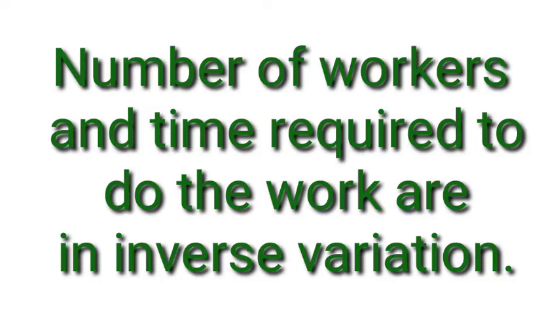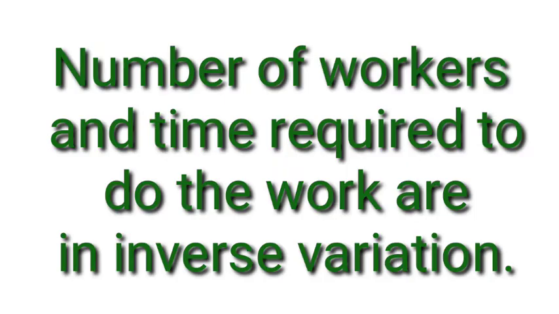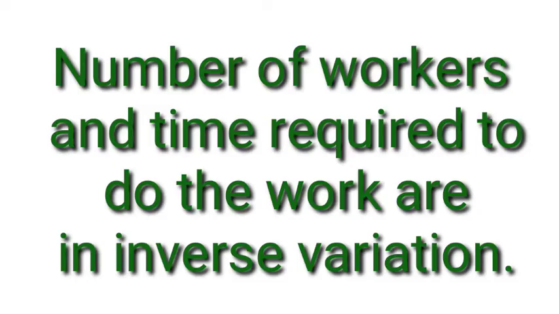Whereas when I decrease the number of workers, it will take more time. So you find that if the first quantity increases, it causes a decrease in the second quantity in the same proportion. So it's an example of inverse variation.